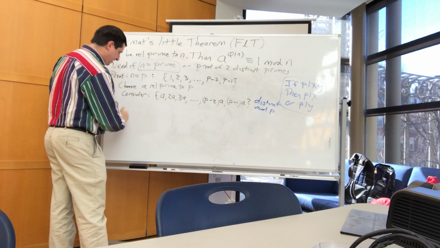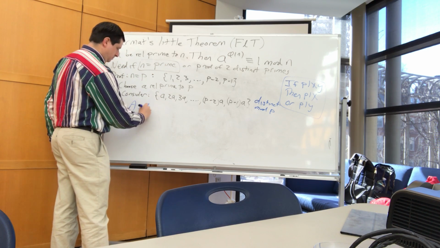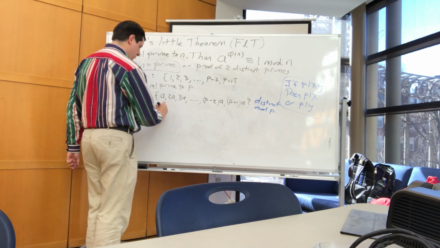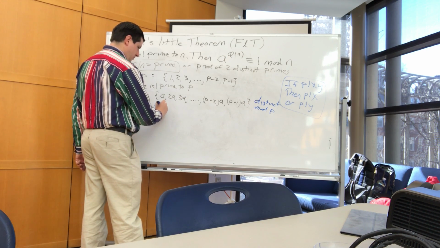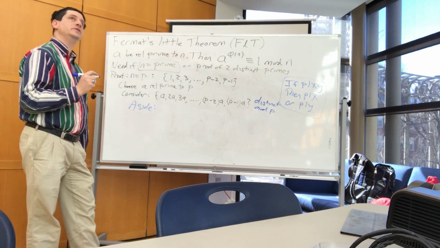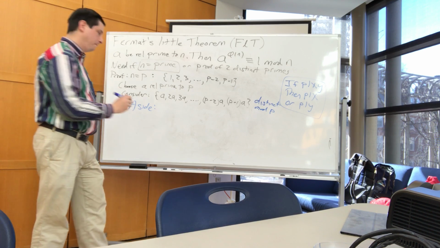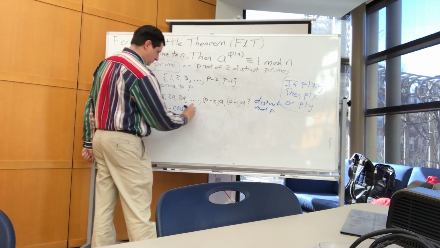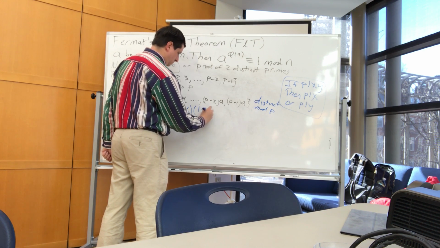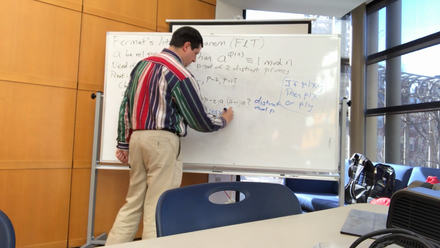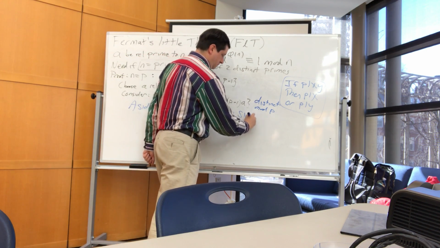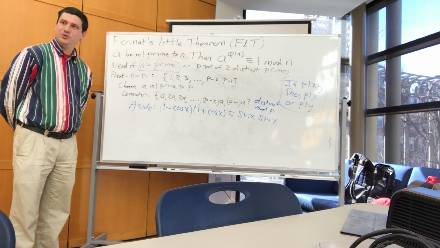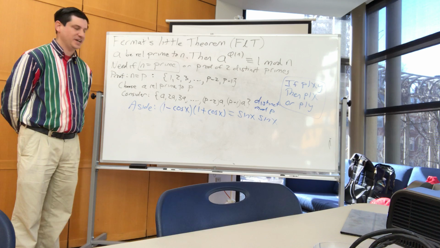So, as an aside, all right, 1 minus cosine x times 1 plus cosine x is sine x times sine x.